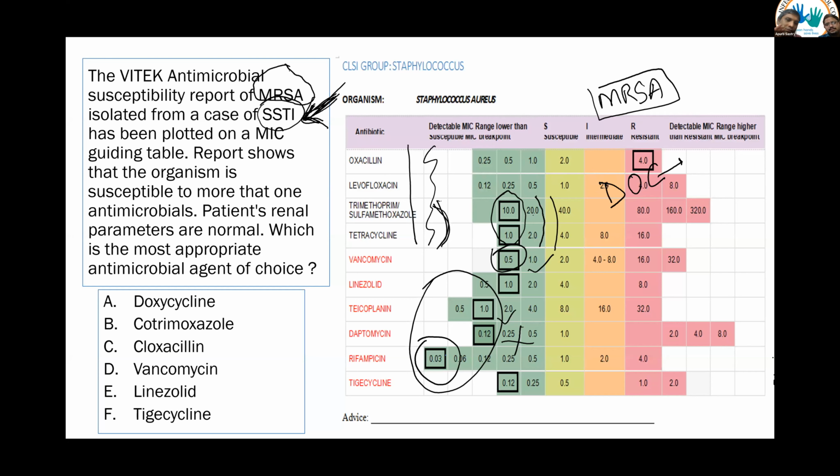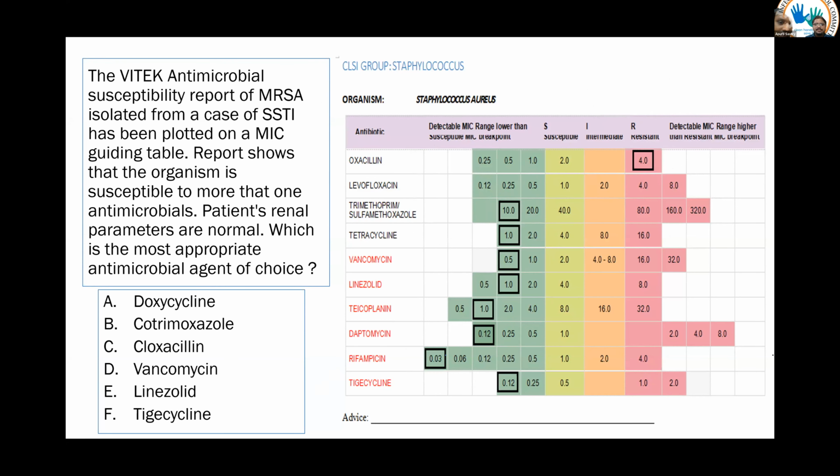If it is susceptible, then always de-escalate to the lowest possible drug. The best way is to discuss with your clinician. Clinicians are always biased. They will say my patient is unstable, my patient is sick, so I want to go with a higher drug.